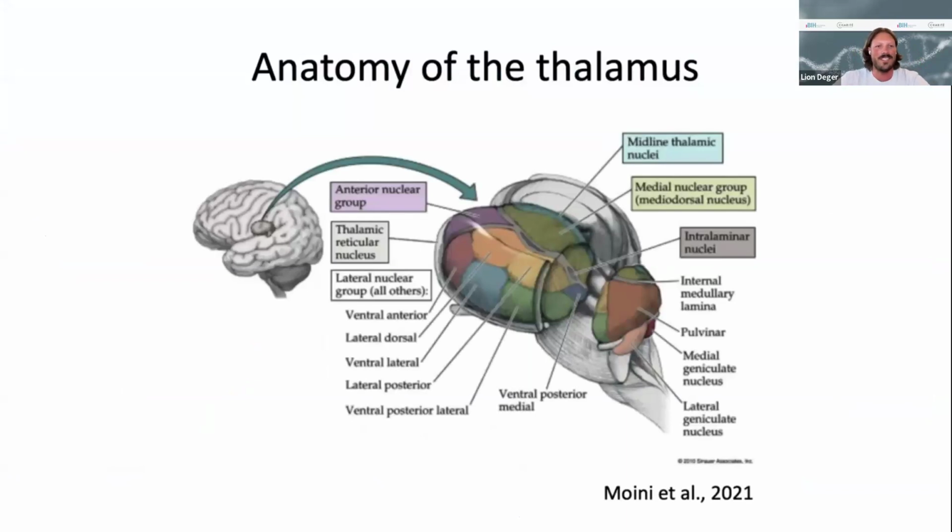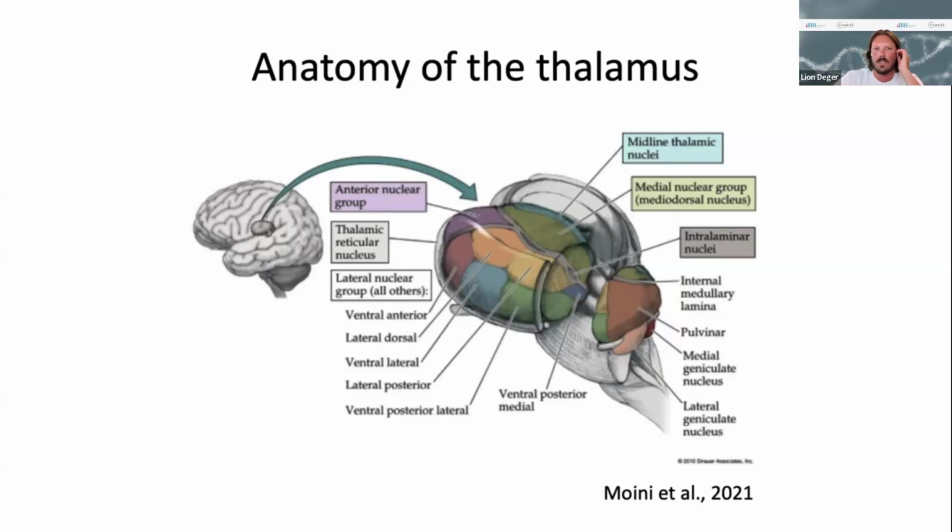But before I do that, let me tell you about a region called the thalamus. You might have seen it pop up here and there already in past slides. For example, in Valery's slide on the dendritic integration theory.